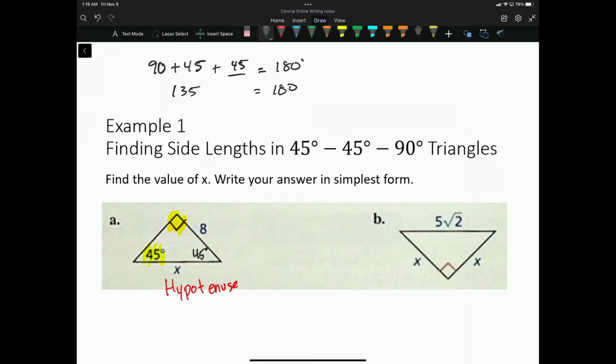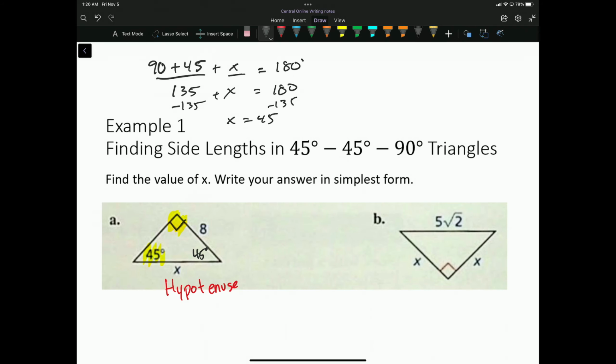I'm going to just put in a place marker x. If I subtract 135 from both sides, we're going to be left with x equals 45 degrees. So it is a 45, 45, 90 degree triangle.